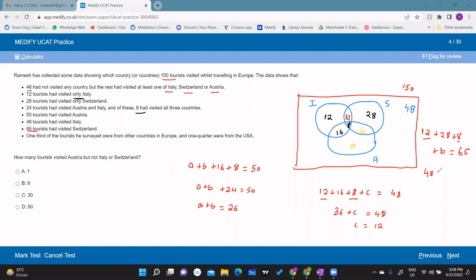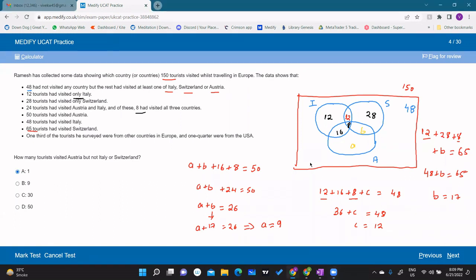So I can say 48 plus B is 65. Therefore, B is 65 minus 48, and that is 17. If B is 17, I can plug 17 here to find the value of A. Therefore, A would be 26 minus 17, and that is 9. Okay, so our answer here is 9.